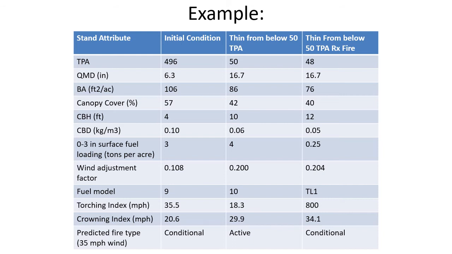And remember, conditional crown fire basically means that our crown base height is high enough that we wouldn't expect torching and then the initiation of a crown fire, but there is enough bulk density in the canopy that if a crown fire were to start, maybe a crown fire starts outside the stand and then moves into the stand. Conditional means that there's enough bulk density up there to sustain an active crown fire under that 35-mile-an-hour wind.